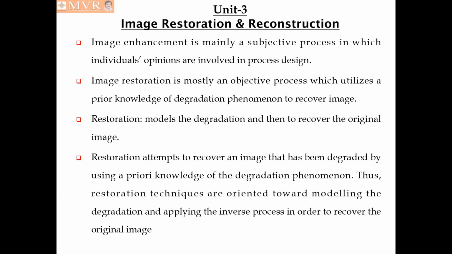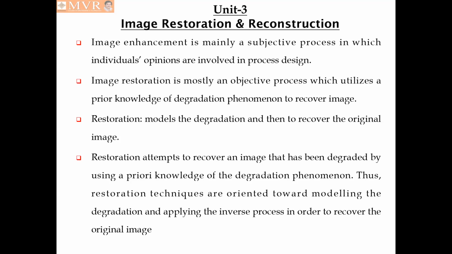Whereas in case of image restoration, we are providing a mathematical model for obtaining the good quality of images, because image restoration is stated mathematically and it is an objective process and it utilizes the prior knowledge of degradation. That means it utilizes the knowledge about the degradation, that means what is the degradation which is present on the images. Based on that knowledge, we are going to remove that degradation by means of degradation filter.